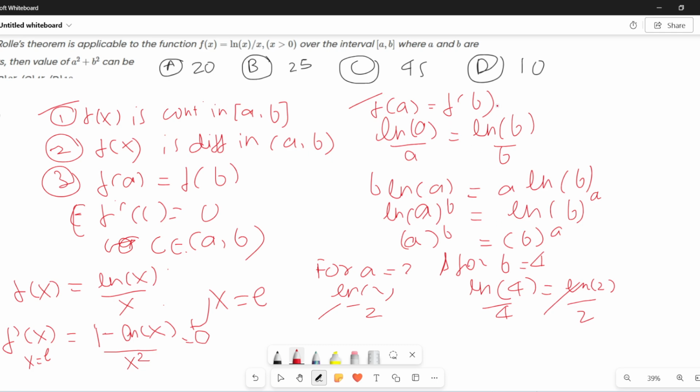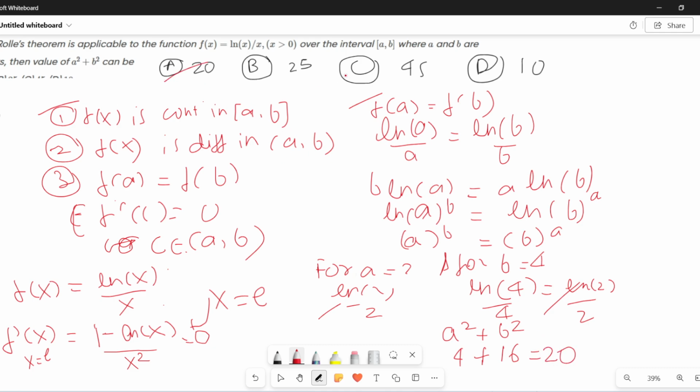So f(a) = f(b) is satisfied. Using hit and trial, a² + b²: a is 2, 2² = 4, b is 4, 4² = 16, 16 + 4 = 20. So option A is correct.